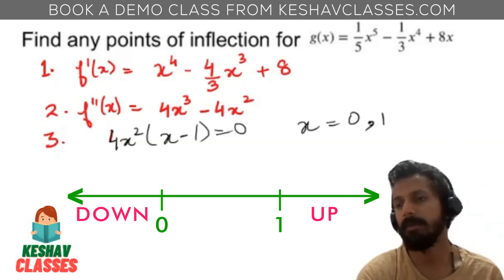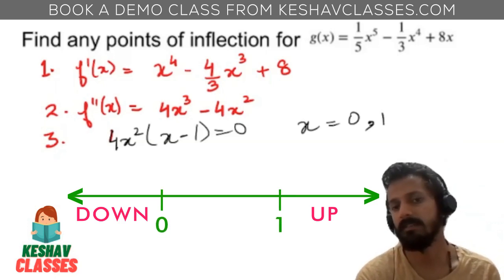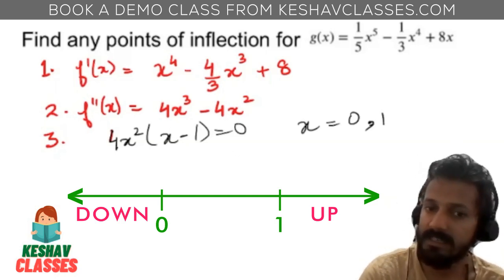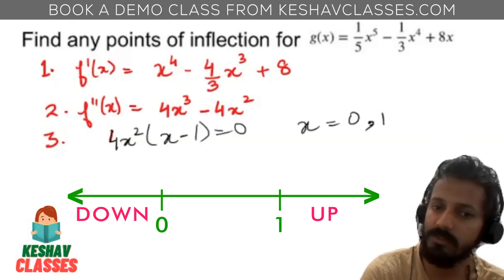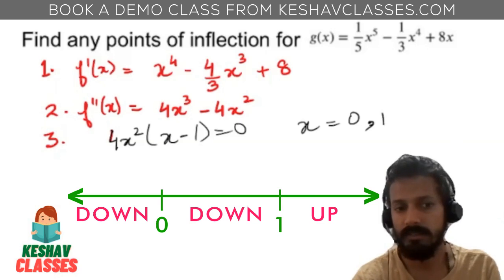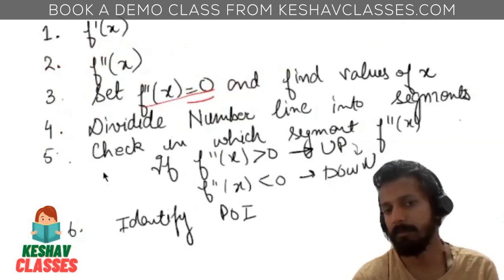Now, a number between 0 and 1, let's say 0.5. If I plug in 0.5 in this, it will be negative, so this is also concave down. This was my step number 5.